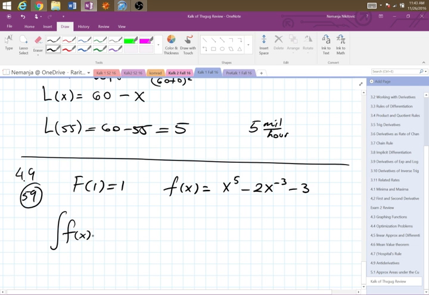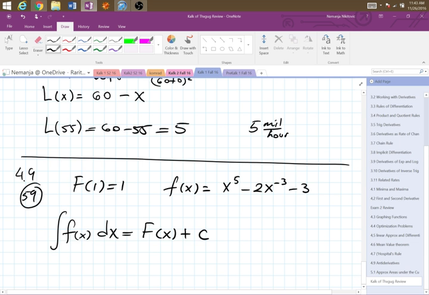Integral of f of x dx is equal to the antiderivative F of x plus c. These functions, lowercase f of x and capital F of x, are related. They're not the same.